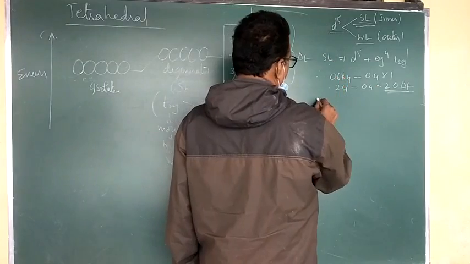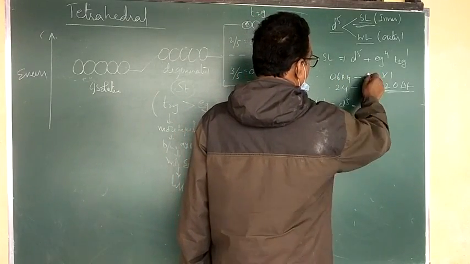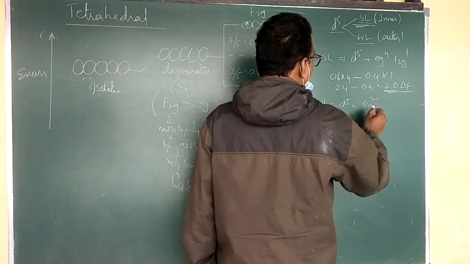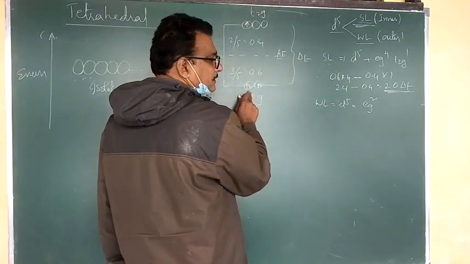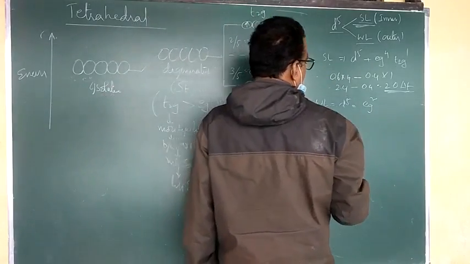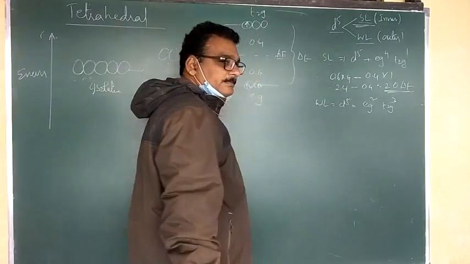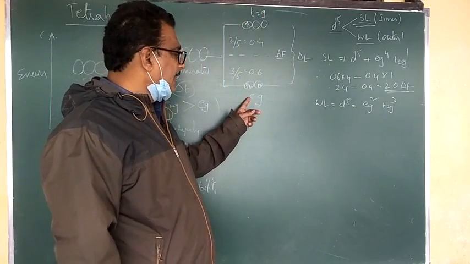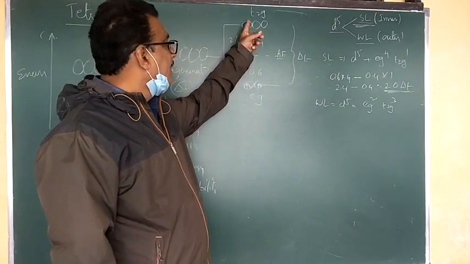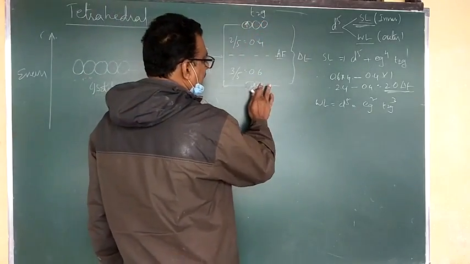Next, the same thing with a weak ligand. For the weak ligand d5 system, Eg has 2 electrons filled first, and T2g has 3 electrons. Weak field means first half-fill, then one electron goes outside.